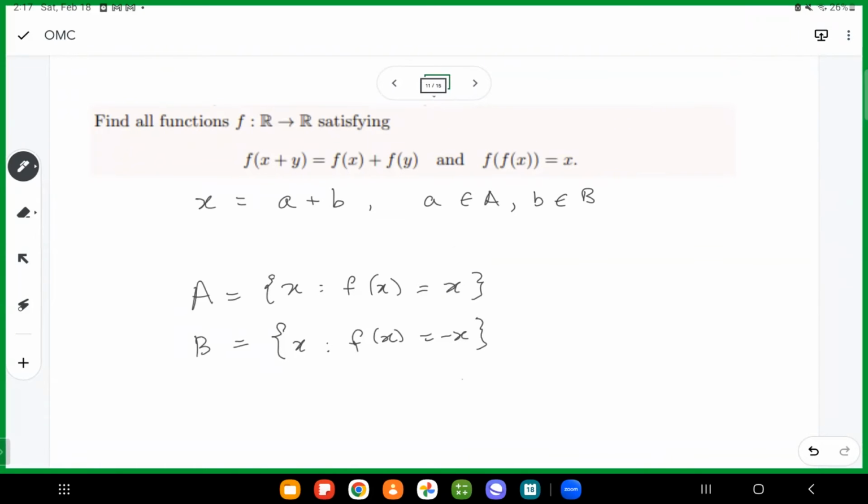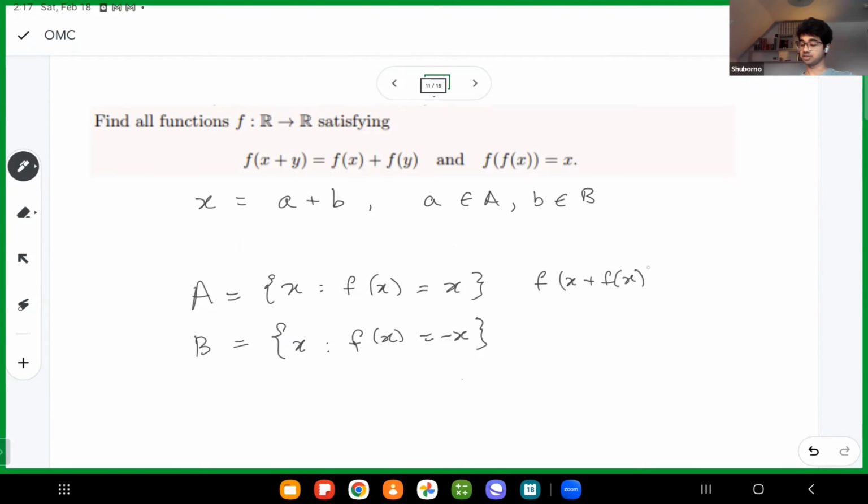It's x plus f of x by 2 and x minus f of x by 2. Yeah, that works. You can see that that's a good solution. If you put x plus f of x, f of that would be f of x plus f of f of x, which would again be f of x plus x, and f of x minus f of x is the negative of that, f of x minus x.